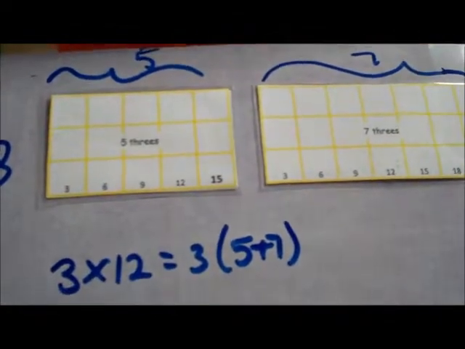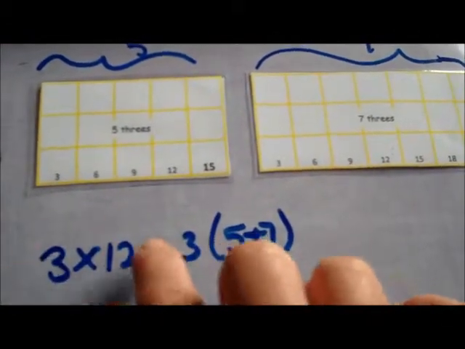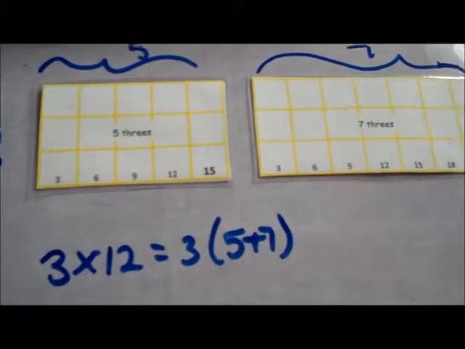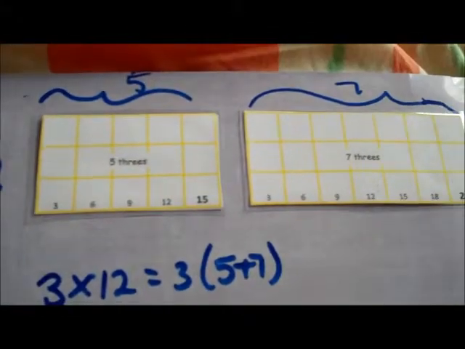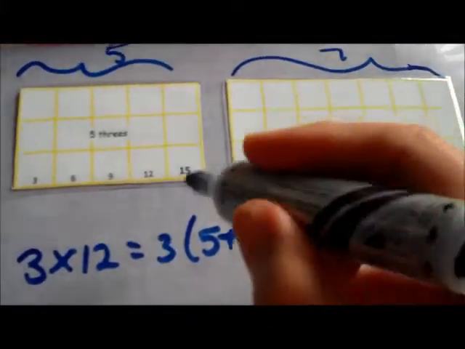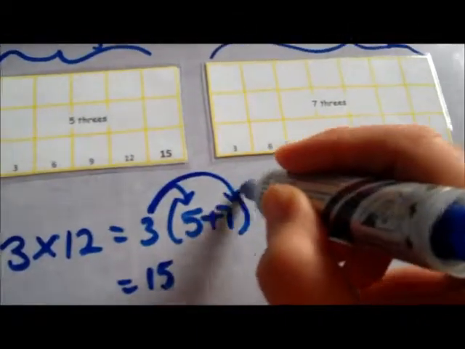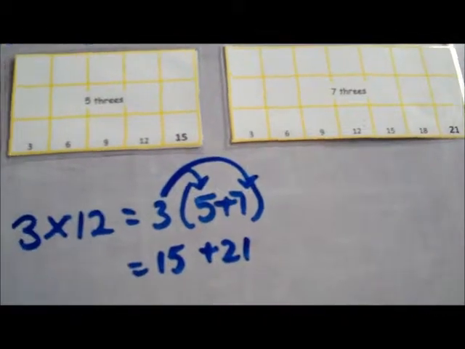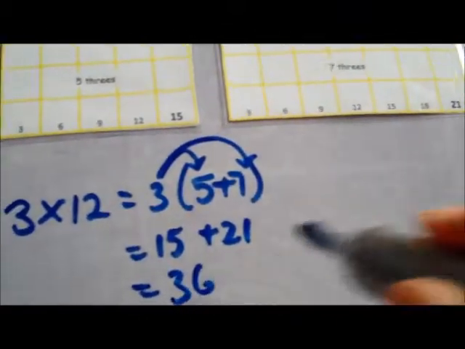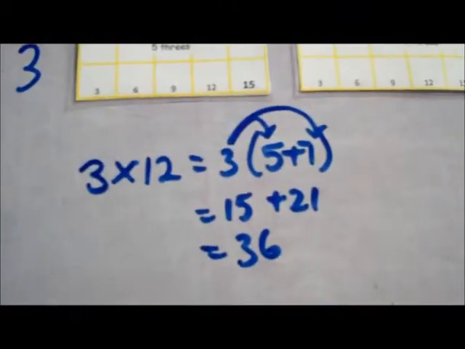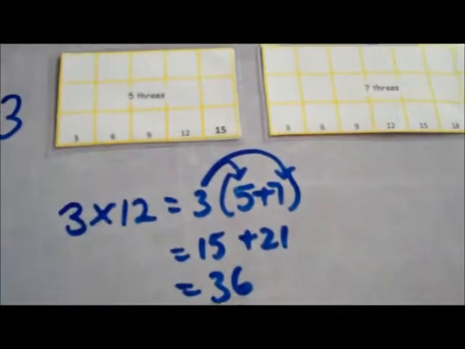This isn't the smartest way to think of it. You'd actually go 3 lots of 10 and 3 lots of 2, wouldn't you? But I'm just trying to show you that it doesn't matter what numbers you use. So 3 lots of 5 is 15. 3 lots of 7 is still 21. So I get an answer of 36. And you knew 3 12s were 36 anyway.